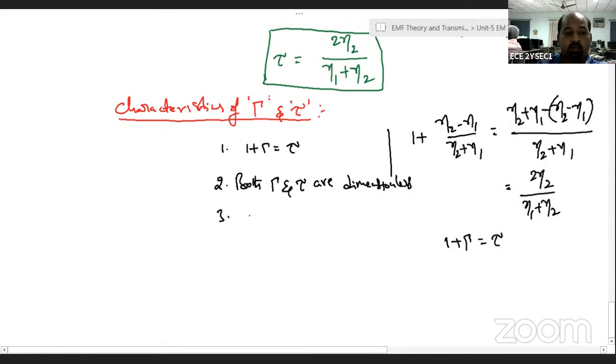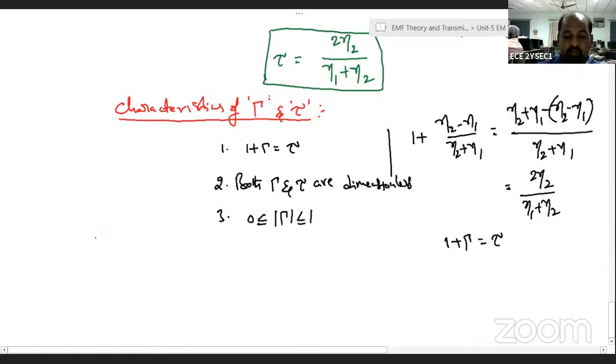And third one, the reflection coefficient. The magnitude of reflection coefficient is always in between 0 and 1, right? So these are the characteristics of reflection coefficient and the transmission coefficient, right?